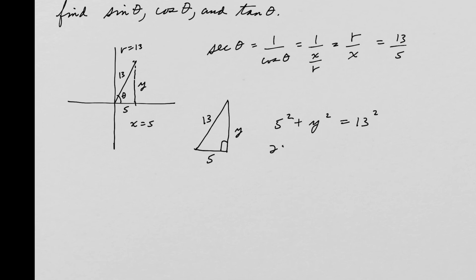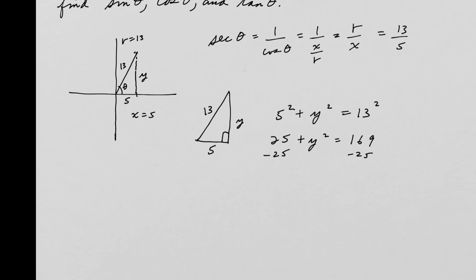So this is 25 plus y squared is equal to 169. And then if you subtract 25 from both sides, I'm going to get y squared is equal to 144.